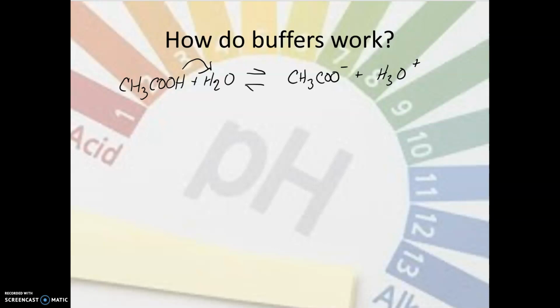So what we're trying to say here is, how does this work? Well, we said that a buffer resists changes in pH when a small amount of strong acid or strong base is added. So let's just say we're going to add HCl. I want to point out that this buffer solution was not just this hydrolysis. We didn't just start with the acetic acid. We also added a salt of its conjugate.